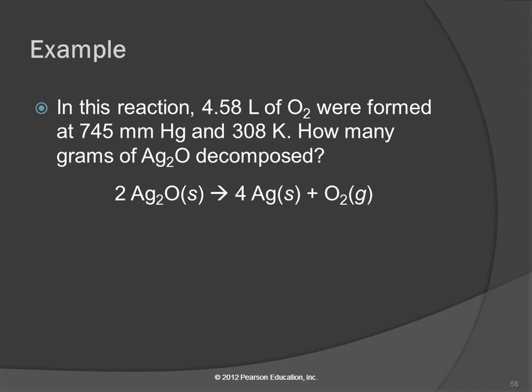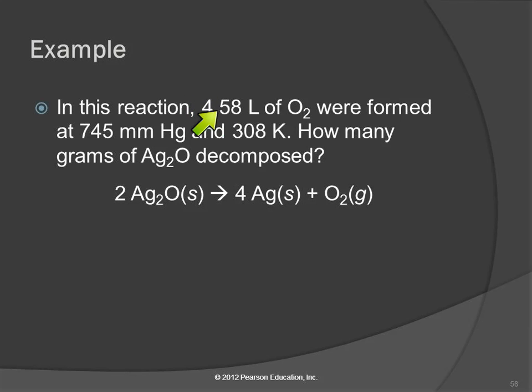So here's a reaction in which 4.58 liters of oxygen were formed at 745 millimeters of mercury and 308 Kelvin. How many grams of silver(I) oxide decomposed? Well, let's treat this as stoichiometry, because this is a stoichiometry problem.